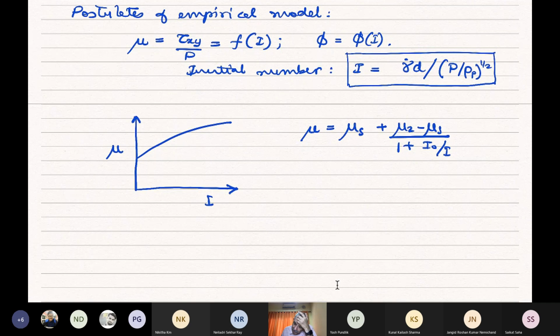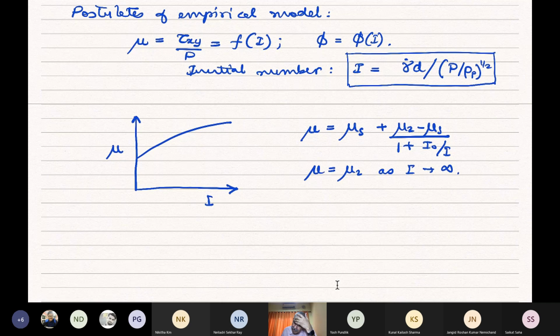So you can see when I goes to infinity, this term goes to 0, and so then you just get mu s plus mu2 minus mu s. So you essentially get mu is equal to mu2 as I goes to infinity.